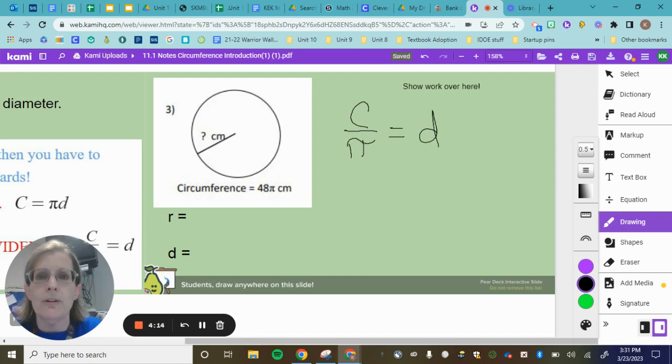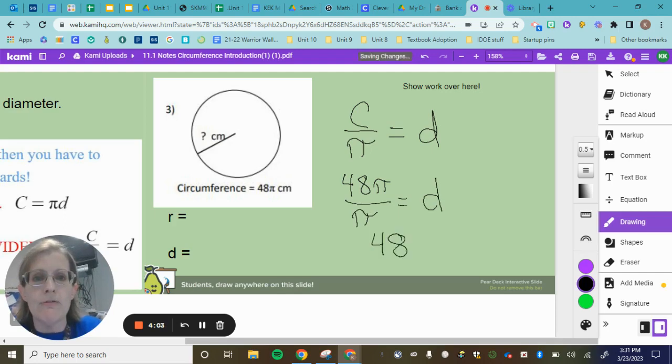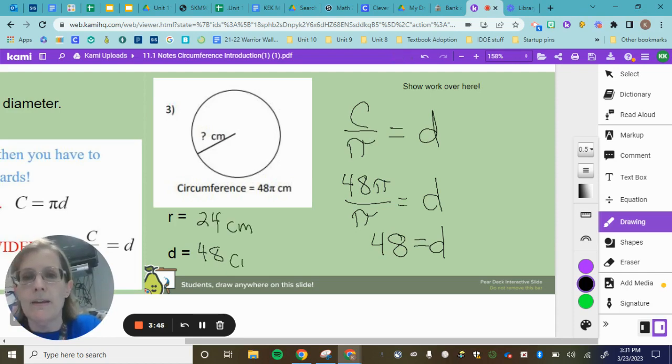That's 48 pi divided by pi equals the diameter, and 48 pi divided by pi is just going to be 48. So the diameter is 48, but we don't want diameter in this question, we want the radius. So we'll have to divide that by 2, and 48 divided by 2 gives a radius of 24 centimeters. And I am really bad about forgetting my labels.